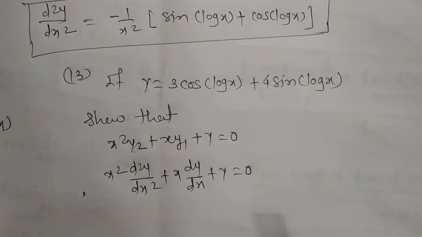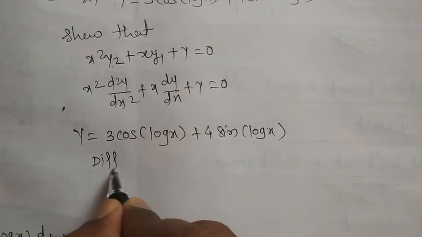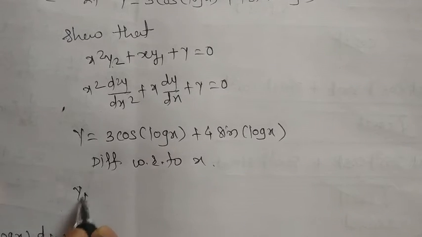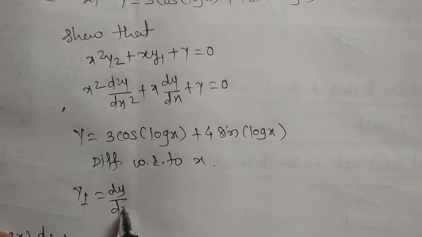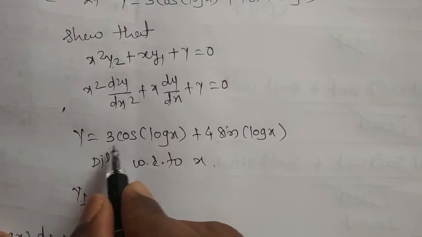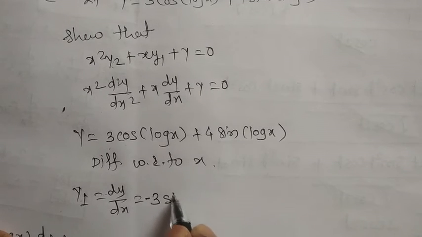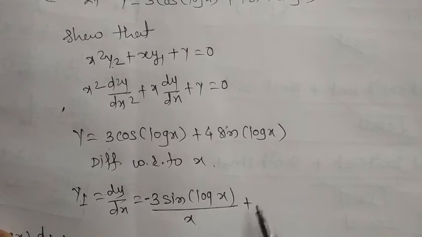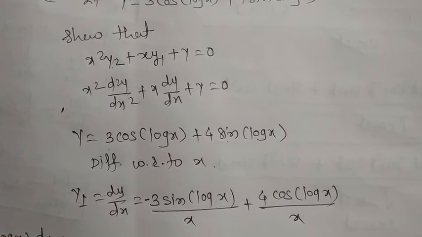In example 13, y equals 3 cos of log of x plus 4 sin log of x. Differentiate with respect to x, then y1, that is dy by dx, equals the derivative of 3 cos of log of x: 3 times the derivative of cos, minus sin log of x, times the derivative of log of x, 1 by x, plus 4 times the derivative of sin log of x, that is cos of log of x, times the derivative of log of x.